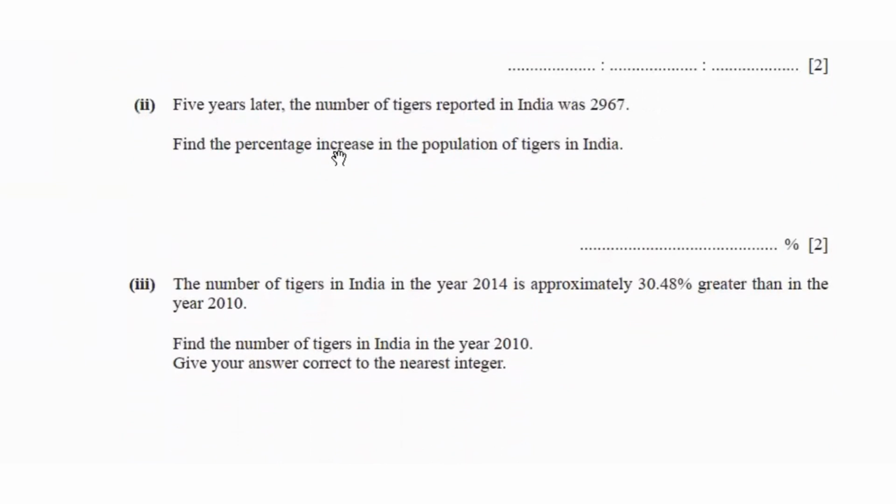And it says 5 years later, the number of tigers reported in India was 2,967. Find the percentage increase in the population of tigers in India.